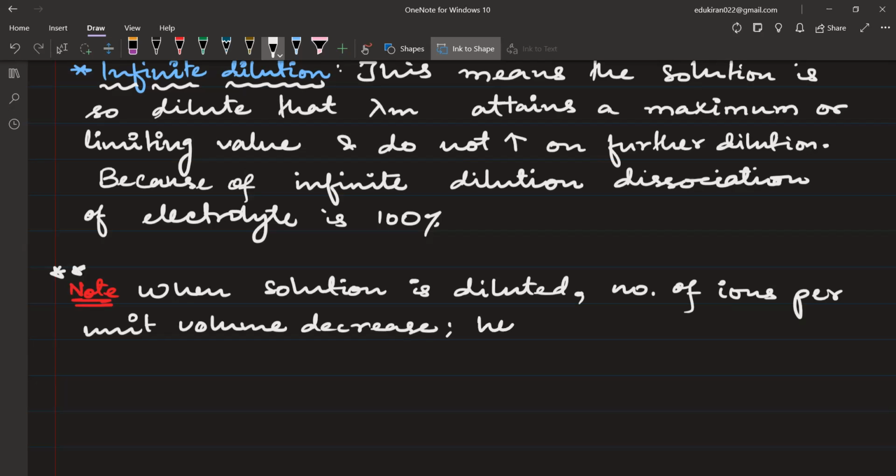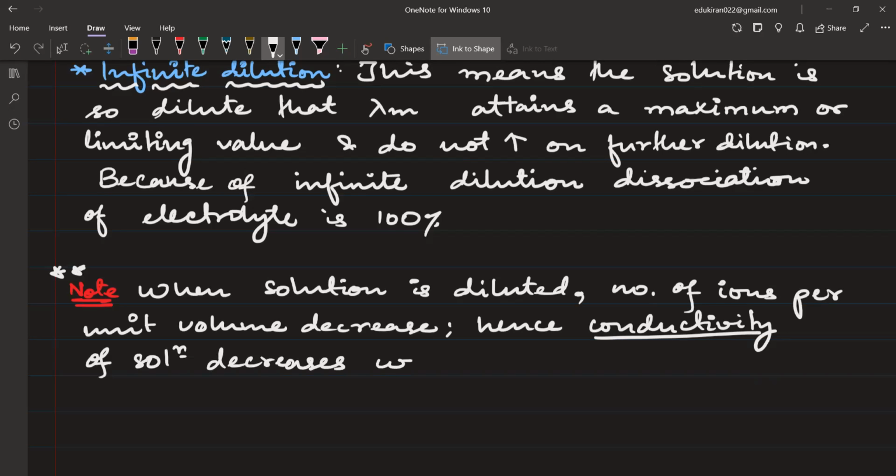Therefore, please remember, conductivity and not molar conductance, the conductivity of solution decreases with dilution. That means kappa is directly proportional to concentration, and kappa is inversely proportional to dilution.